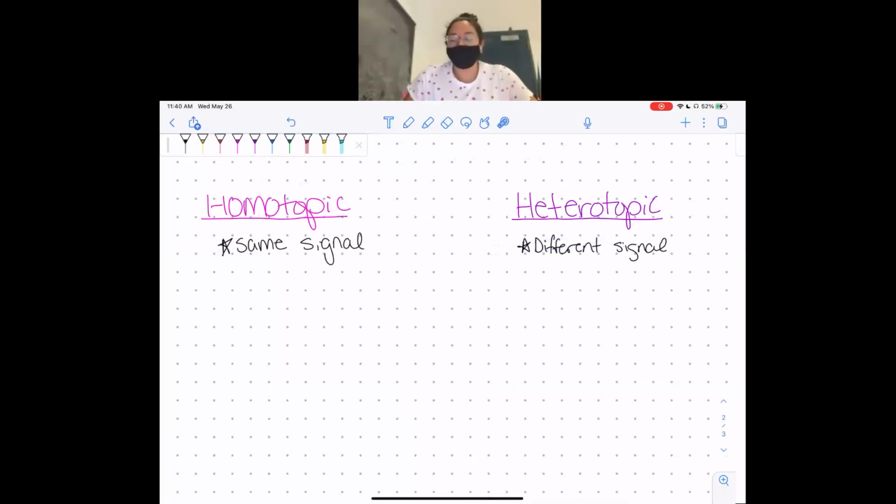You can't look at one hydrogen by itself and say this is homotopic, or look at one signal and say this is heterotopic, because they're not definition words, they're comparison words. So you can only use them when comparing different hydrogens or different signals.